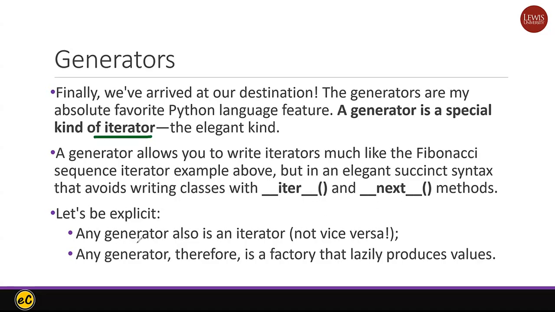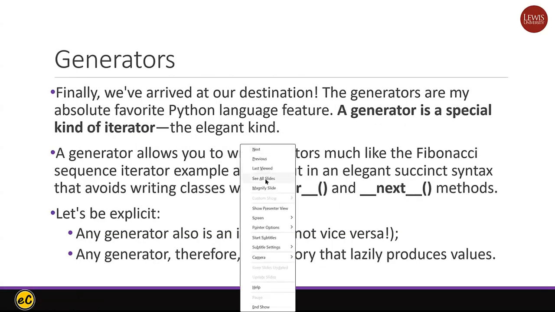So any generator is also an iterator. Any generator, therefore, is a factory to produce values. Factory means it is a function that will create values in sequential format. That's called a generator.